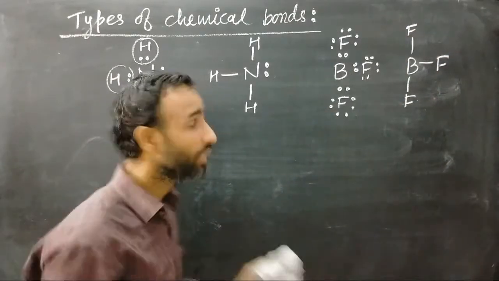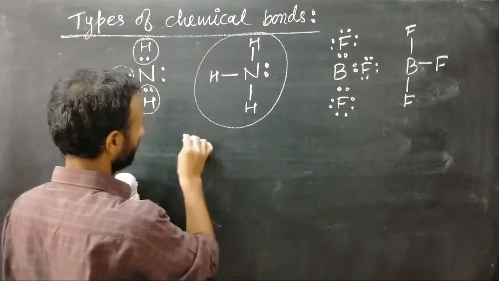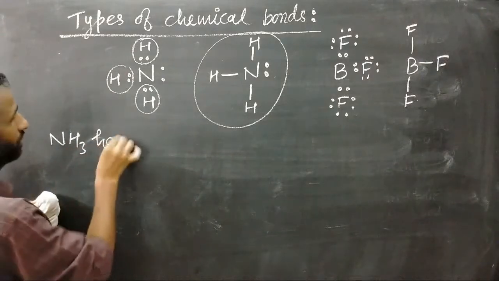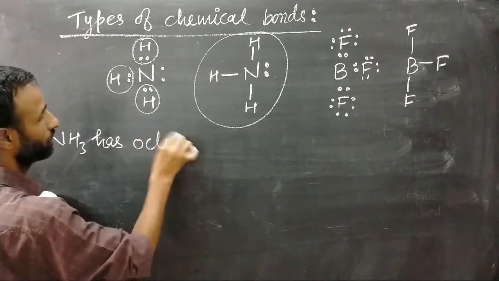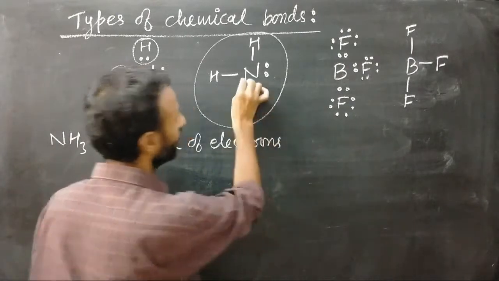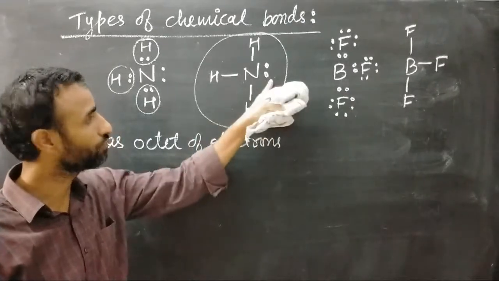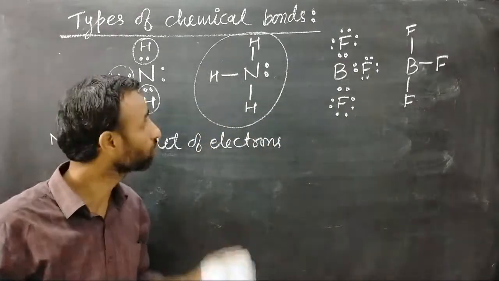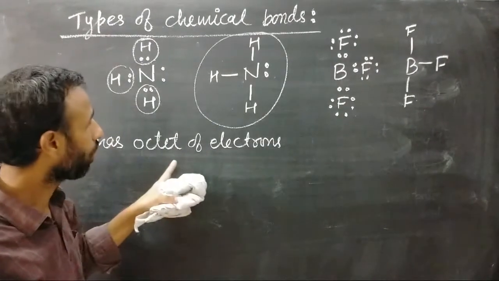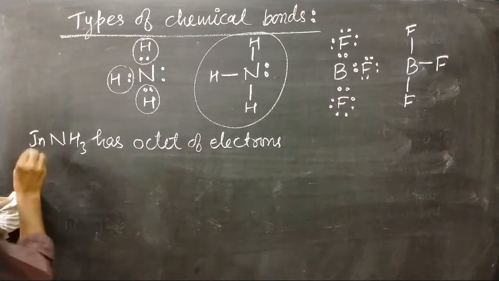See here, this ammonia has an octet of electrons. Ammonia has 8 electrons in its valence shell: 1, 2, 3, 4 pairs, in total 8 electrons. Is it visible?